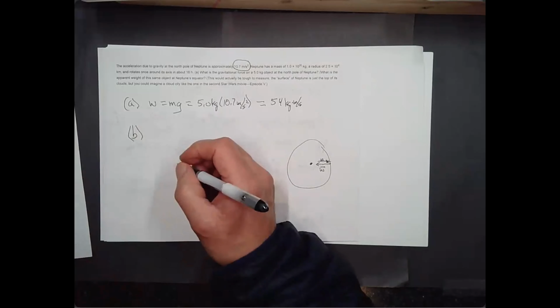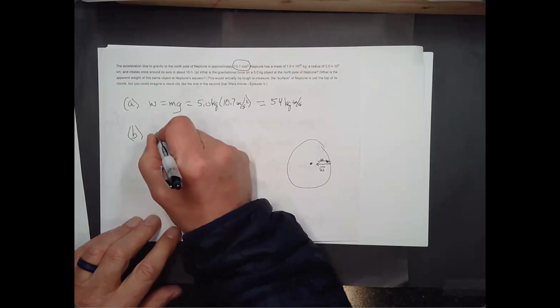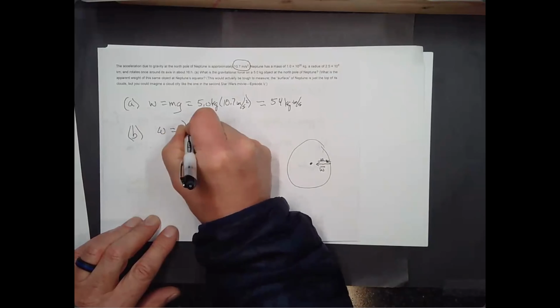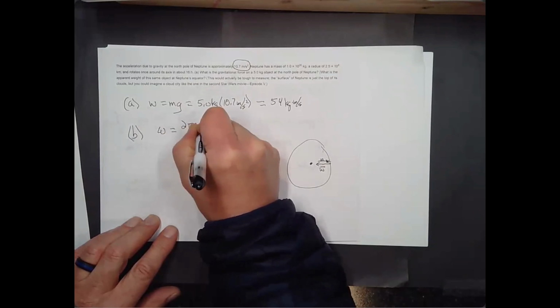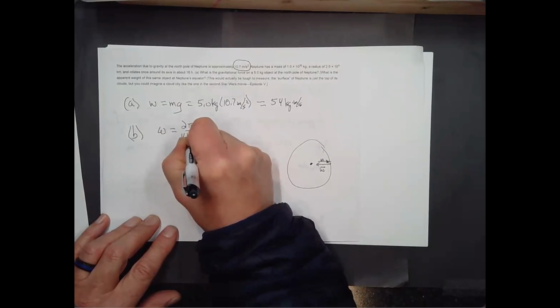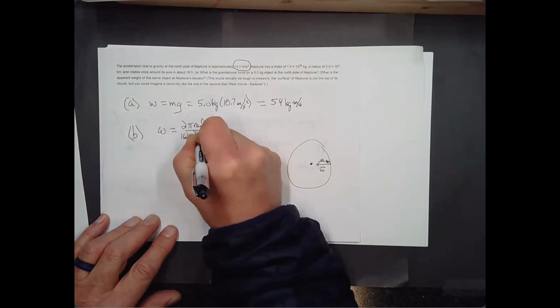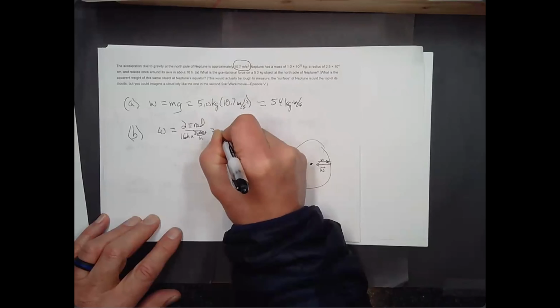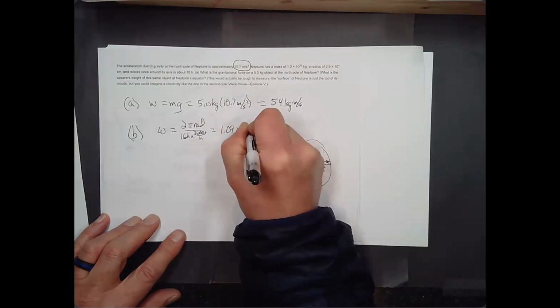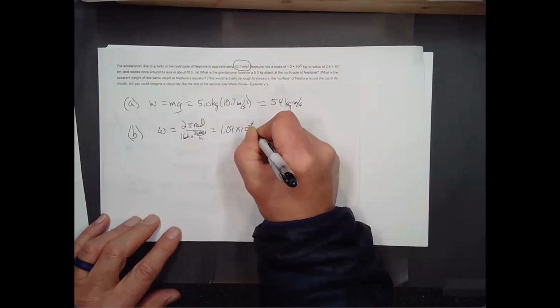And so for Neptune, if you do 2 pi radians to figure out omega, divided by 16 hours times 3,600 seconds per hour to get seconds, it turns out to be about 1.09 times 10 to the minus fourth radians per second.